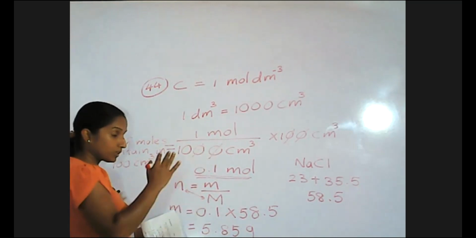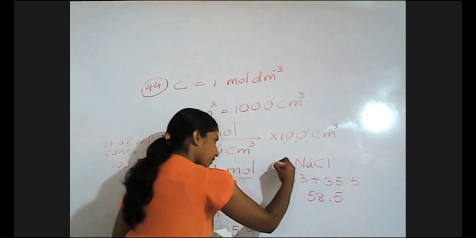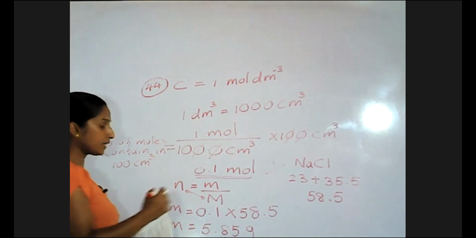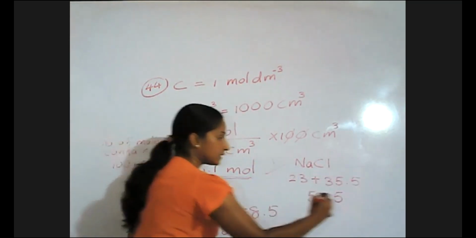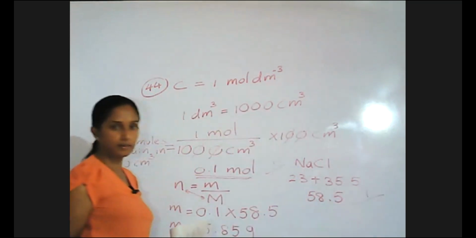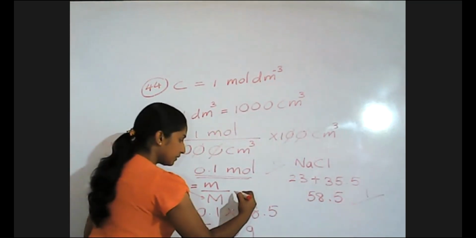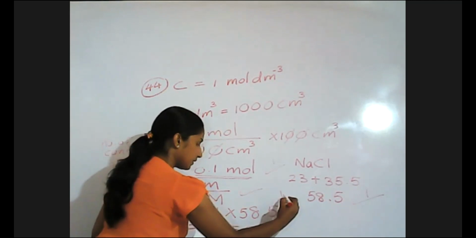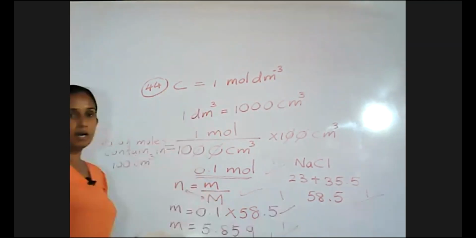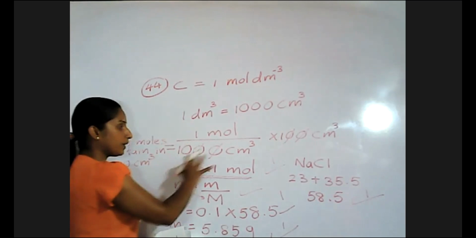According to the marking scheme, you are given 1 mark for this, another 1 mark for this calculation, another for this one, and another for this one. That is according to the allocated marks. This is only an example. That is why I told you to do the calculation step by step. In the essay or the structured paper, it is very easy to get the marks.